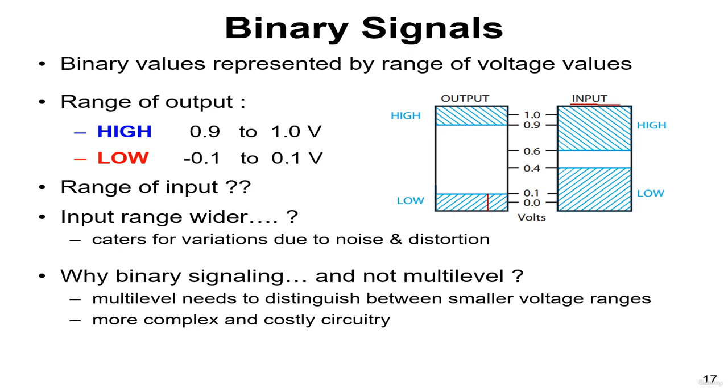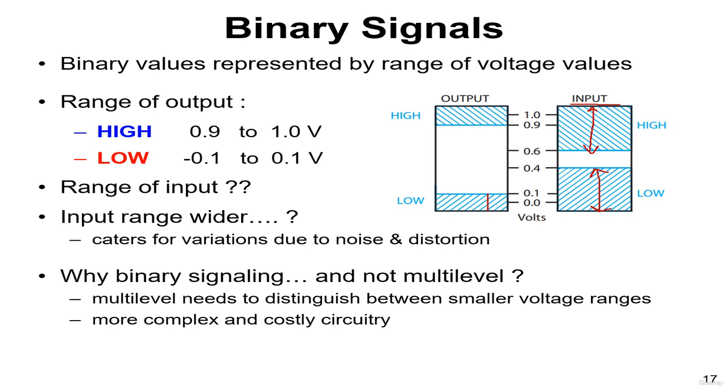So this essentially means that if at the input our signal value lies between 0.6 to 1.1, then we would take this signal as a high or a 1. If it lies between 0.4 to negative 0.1, we would consider the signal as a low.